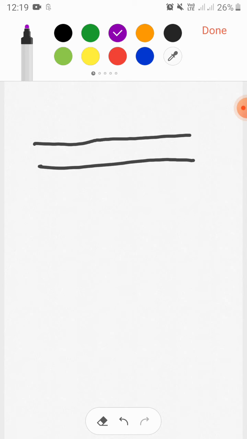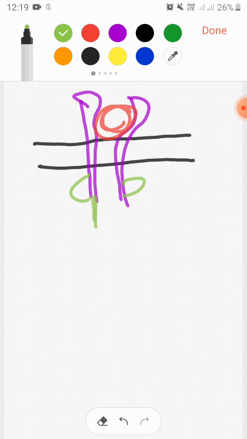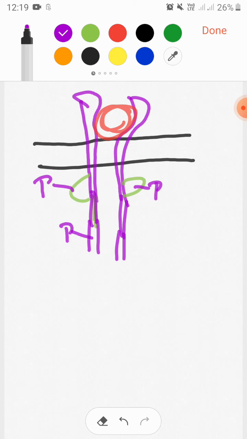Let me choose another. These are the cytokines, and here is the cytokine bound. This is the Janus kinase, this is the Janus kinase. Sorry. Now the phosphorylated form of Janus kinase phosphorylates a tyrosine residue within the receptor.